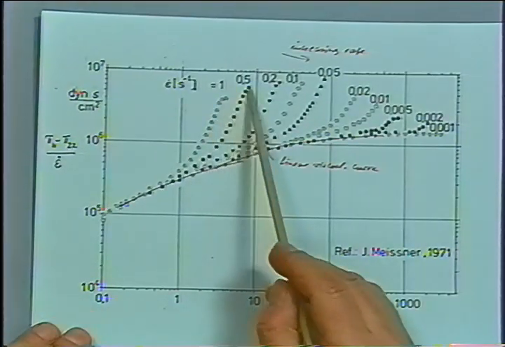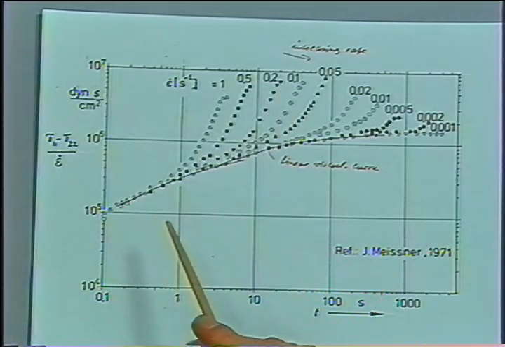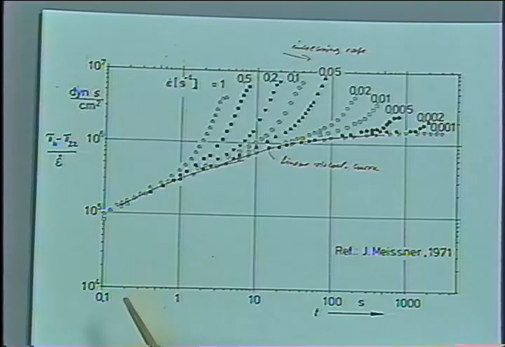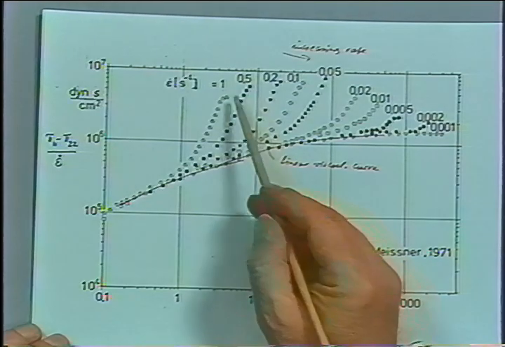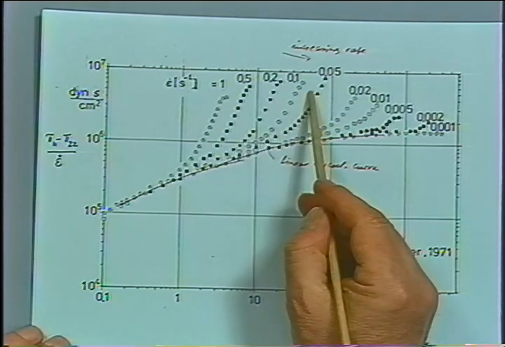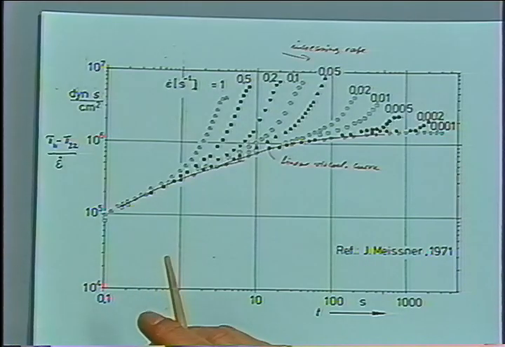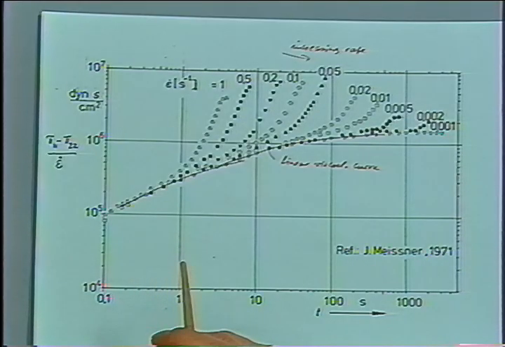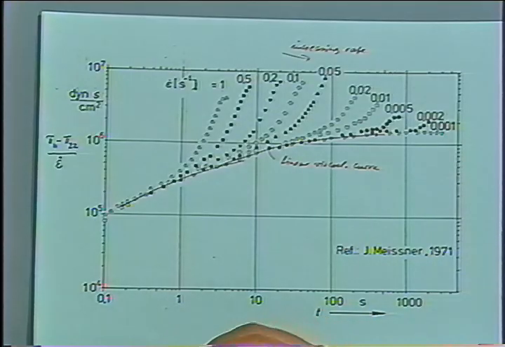There has to be some leveling off, and the question is really, is there a steady extensional viscosity? You know, those are transient viscosities. Does it really level off and then stay constant? And it's hard to measure because of exactly this fact I discussed before, that the cross-section gets smaller and smaller as you get to larger and larger deformations.